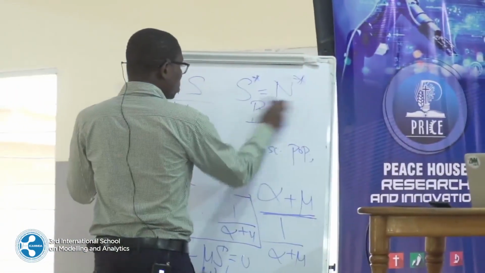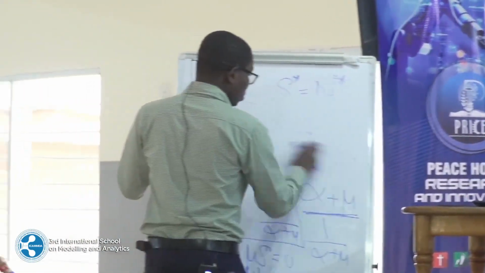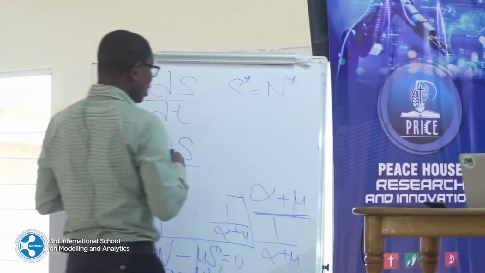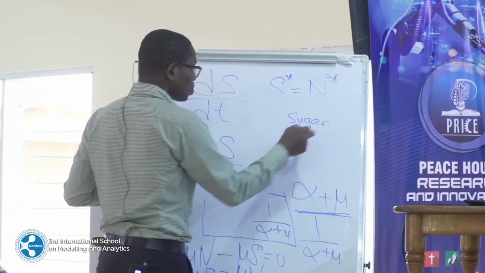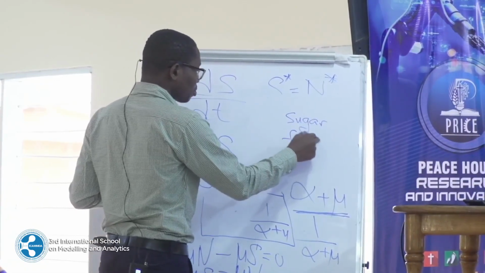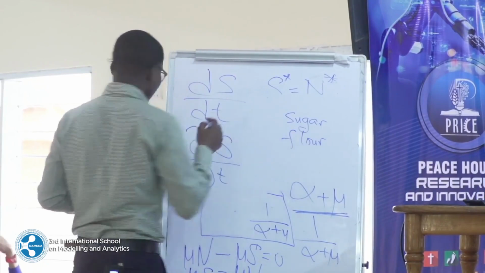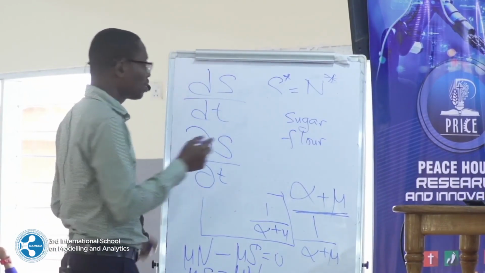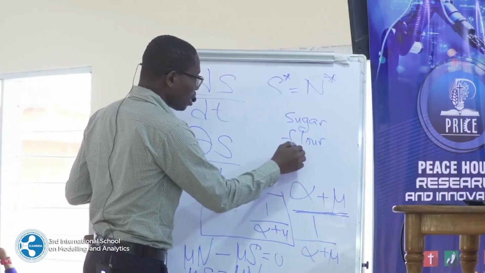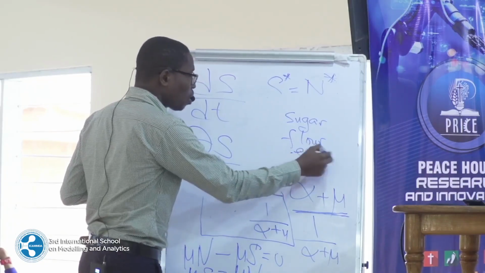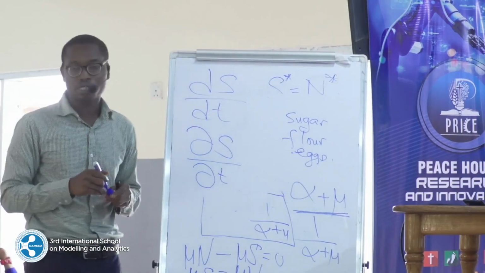It's also a function of water. Okay, so let's just pick 3. It's a function of sugar, flour, and eggs. All right, so let's just use these 3 for instance.